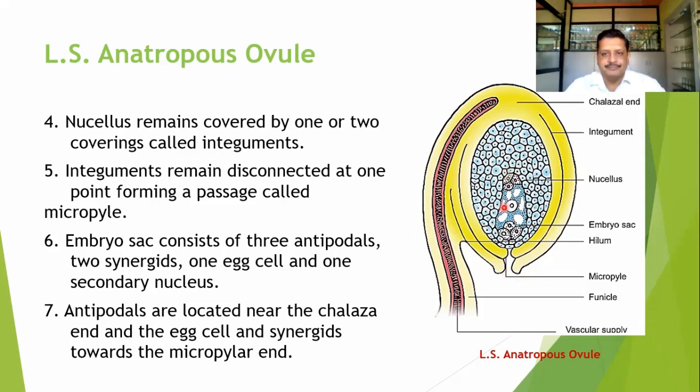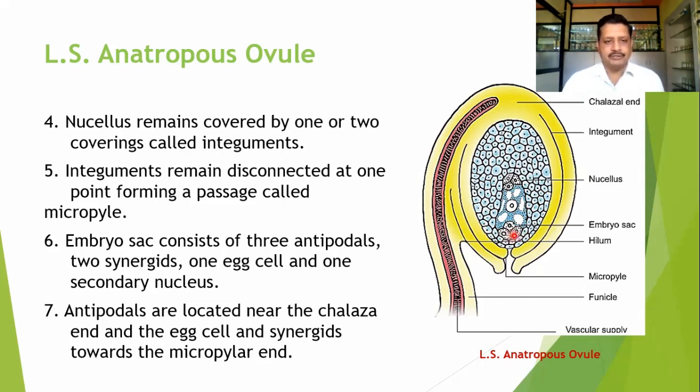Here you can find these structures of the ovule. At the center we find the diploid polar nuclei. Here at the chalazal end we find 3 structures, which are the antipodals, and 1 egg cell and 2 synergids at the micropylar end.